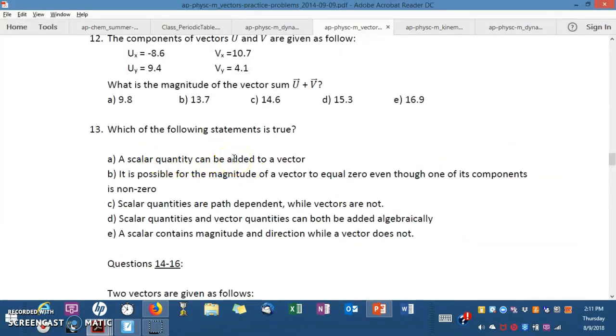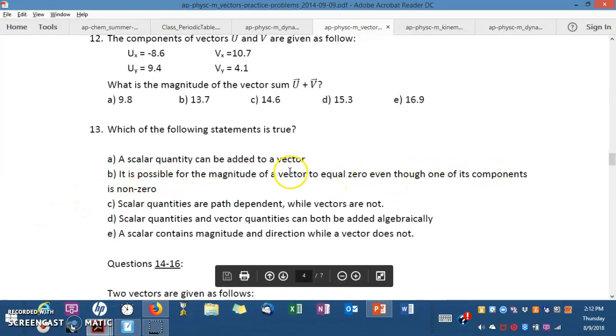You can add one student and another student. You have two students, but you don't add one student and one apple, because you still have one student and one apple. You cannot add things that are different from each other. They don't belong in the same category. And then, is it possible for the magnitude of a vector to be equal to zero even though one of its components is not zero?